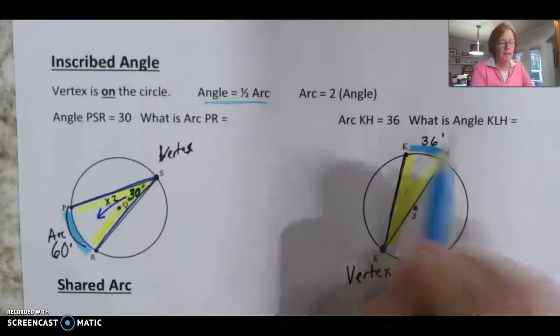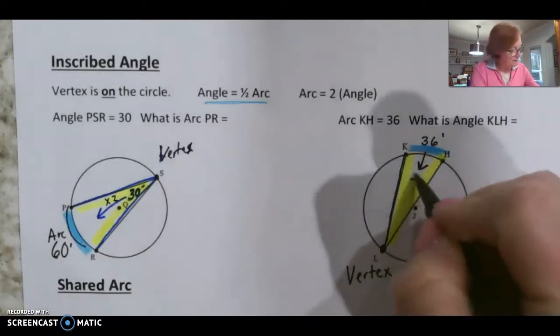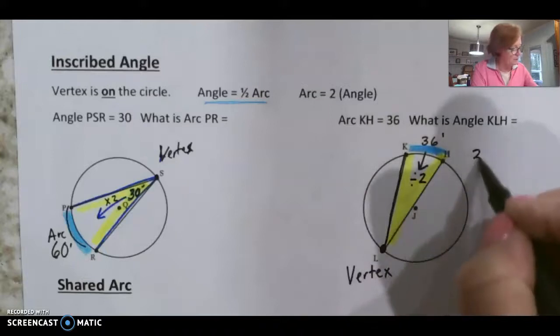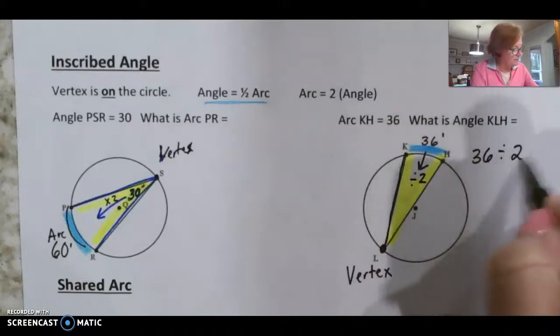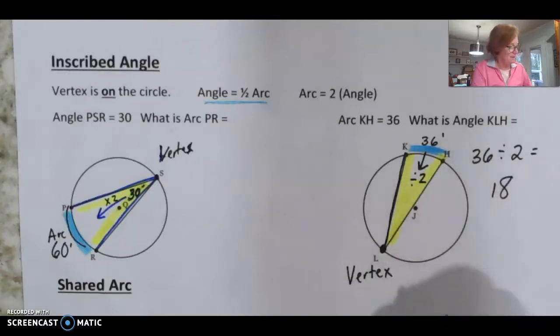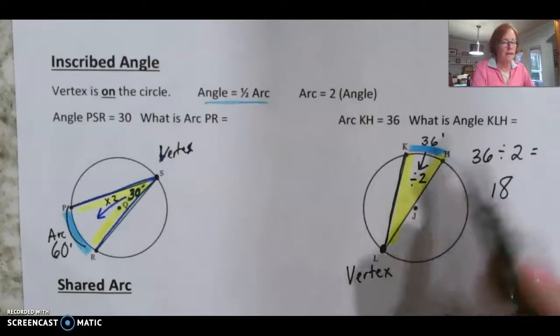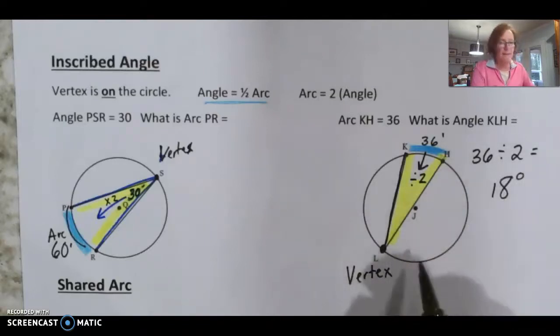If this is big, if I want to get the little, I'm going to have to divide by 2. So 36 divided by 2 is going to give me 18. Okay, so this angle K to L to H has a measure of 18 degrees.